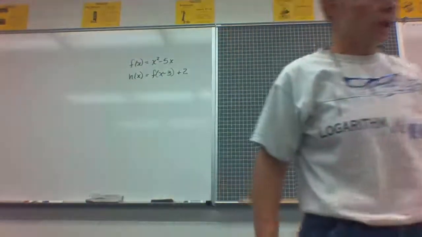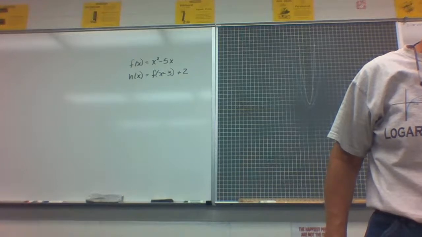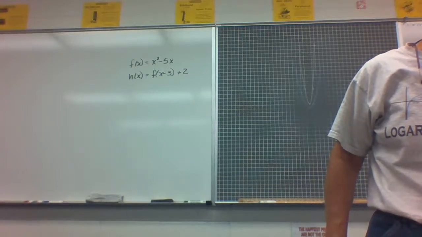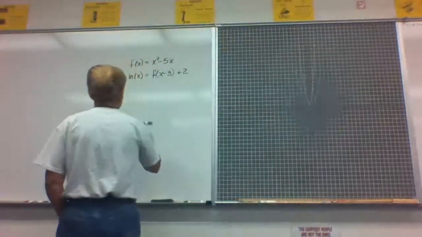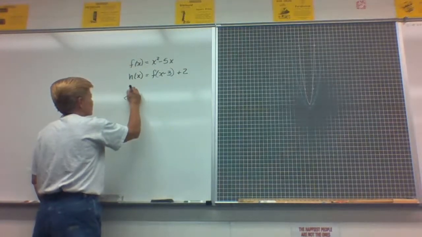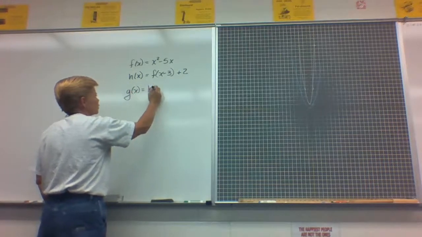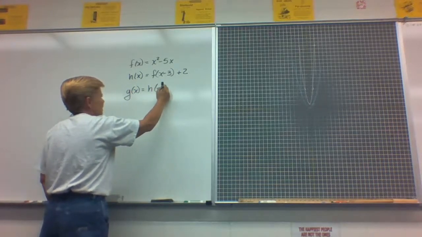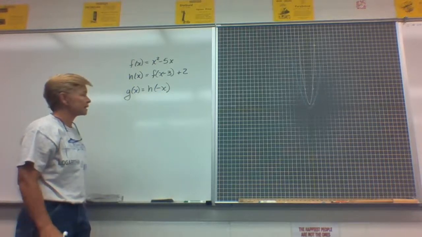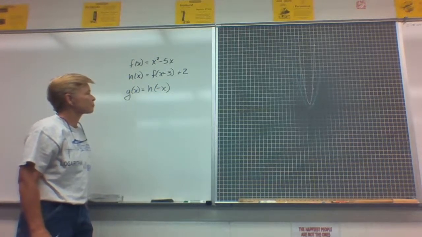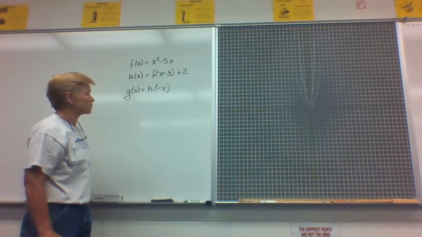Now we're going to write G in such a way that it says followed by a reflection in the y-axis, which means that G is going to be H reflected in the y-axis. That's how you do a reflection in the y. It takes place inside. So what does that all mean? It's really hard to put this all together now.